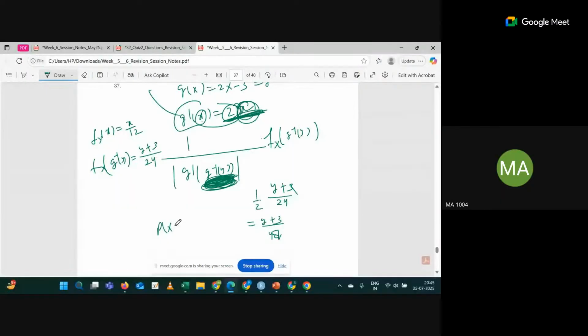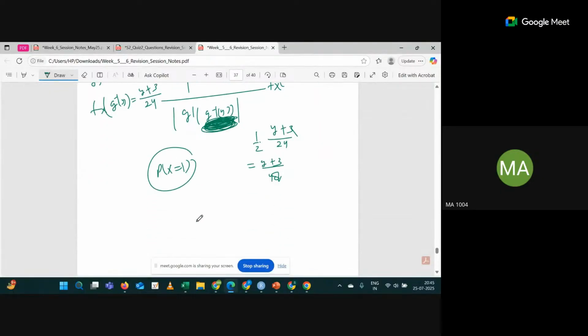So density is mass per volume, right? See, I told you, I took one example. Whenever I say probability x is equal to 1, suppose x is continuous, I am talking about the probability that x takes a single value, which will be 0.